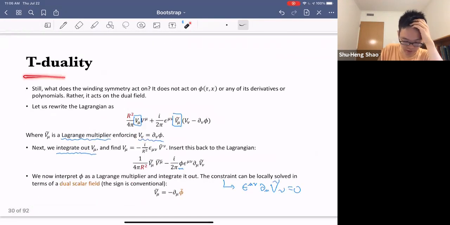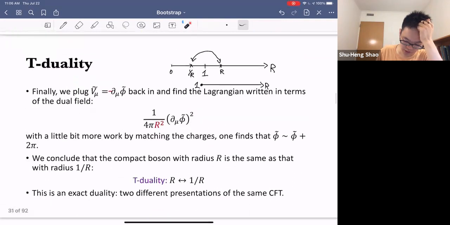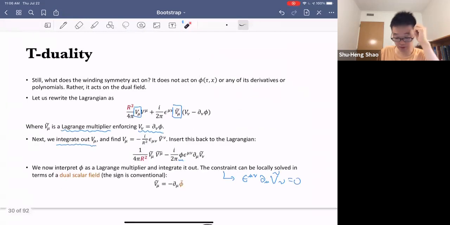And then we talked about T-duality. T-duality is an exact rewriting of the original compact free boson with radius R into another Lagrangian using a different field, a dual scalar field phi tilde, but now the radius is 1 over R. The manipulation is completely standard.